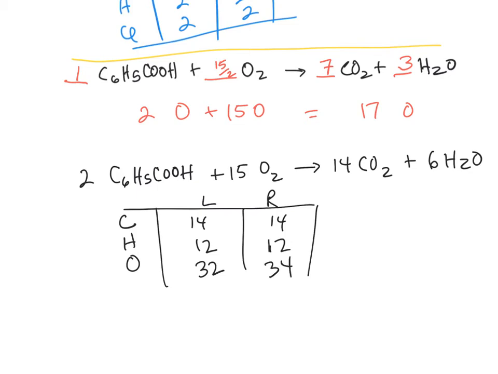So did I make a mistake? Let me see. You got 30 here. Oh, yeah, this is 4. So 2 times 2 is 4, right? That's 34. Okay, so that one's balanced.